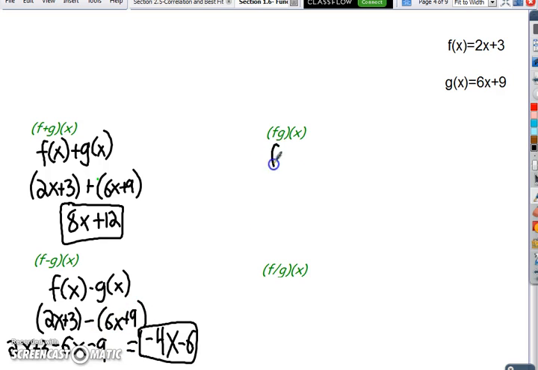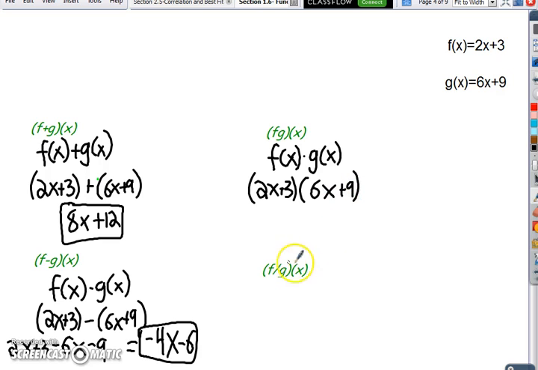fg, now this is just f of x times g of x. Now when we do this, f of x is just 2x plus 3. G of x is just 6x plus 9. Well, this involves some good old-fashioned FOIL action.